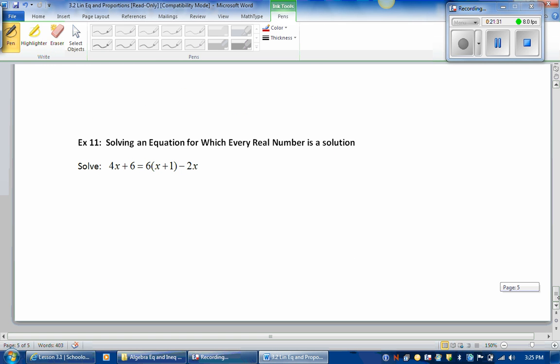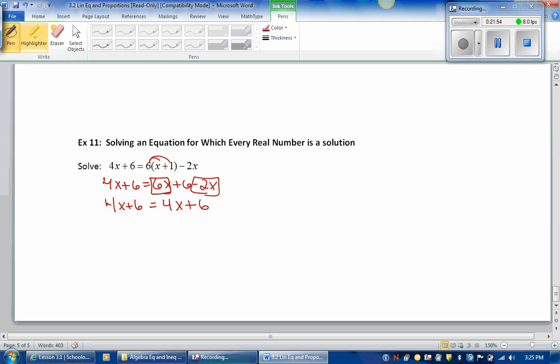Last one. Solve an equation in which every number is a solution. This one's a little bit different. On the right-hand side, I obviously want to do a little work too, so I'm going to distribute, and then combine those like terms.